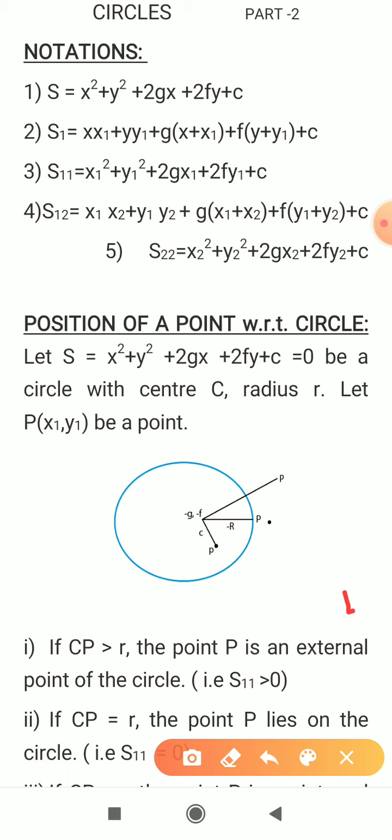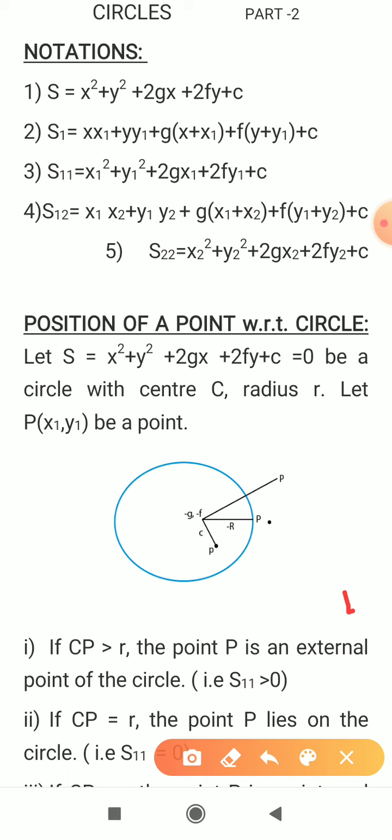Next, the second degree equation ax square plus 2hxy plus by square plus 2gx plus 2fy plus c is equal to 0 represents a circle under these conditions. First, a is equal to b but not equal to 0. That means the coefficients of x square and y square must be equal and not equal to 0.